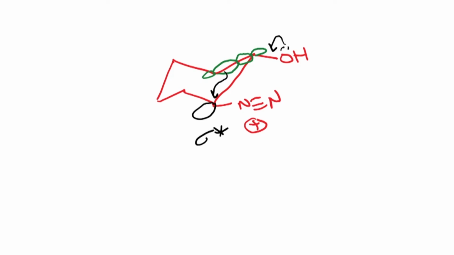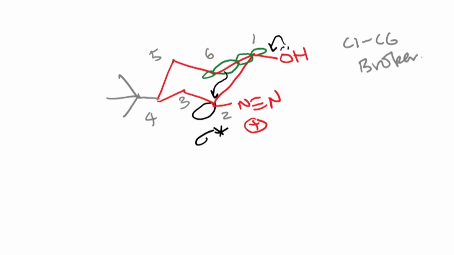Let me now number these carbons so that we are clear about the positions. This is 2, this is 3, 4, where there is a tertiary butyl group, this is 5, and this is carbon 6. So the bond between carbon 1 and carbon 6 is broken, and a new bond between carbon 2 and carbon 6 is formed.